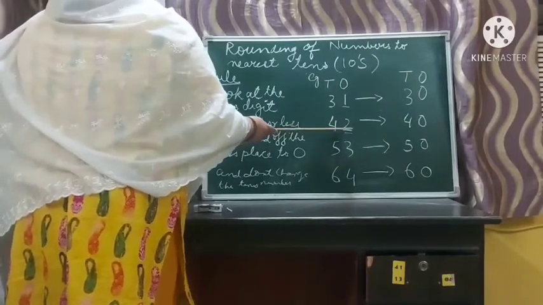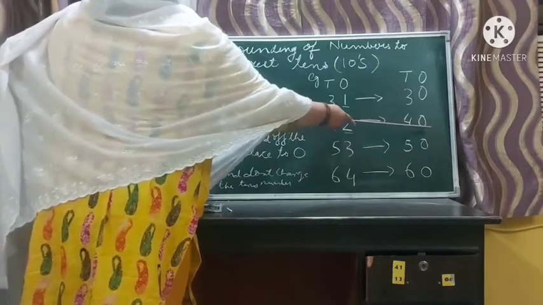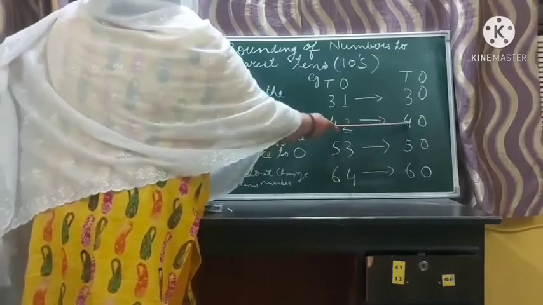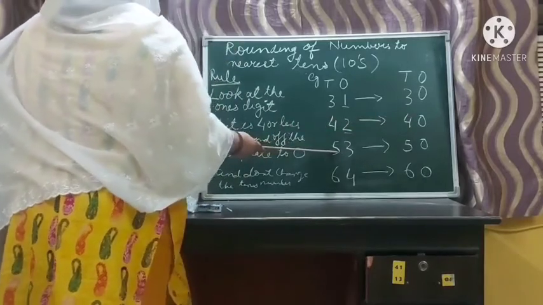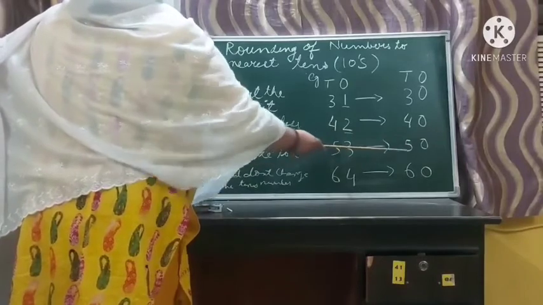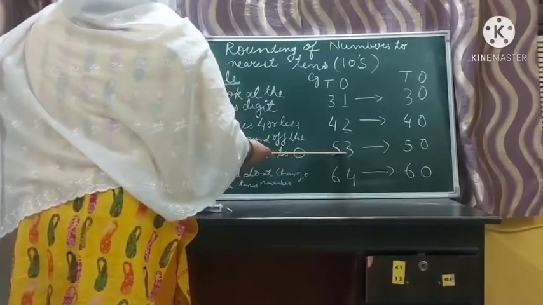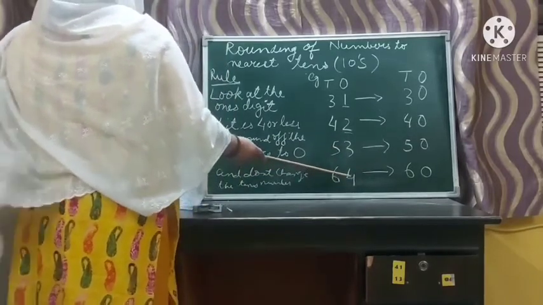In 42 also, the ones place is 2 which is less than 4. So 2 will be changed into 0 and 4 will be copied as such. So 42 will be rounded off to 40. Then 53. 3 will be changed into 0 and 5 will be copied as such. So 53 will be rounded off to the nearest 10 as 50. In 64, it is also 4.